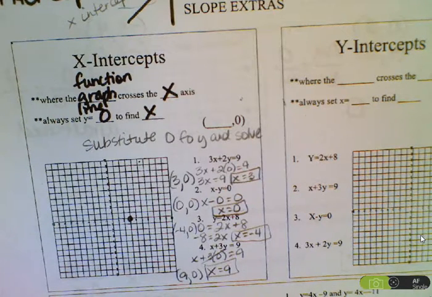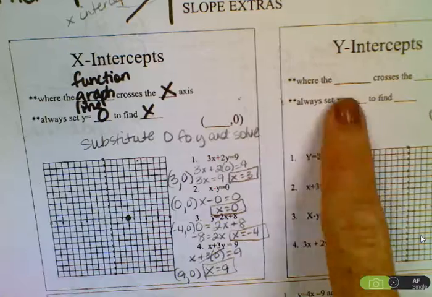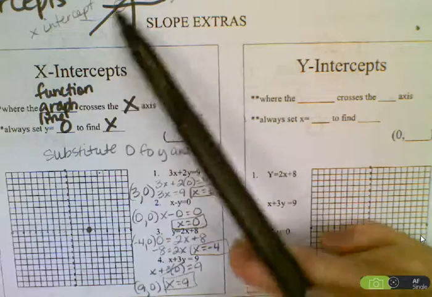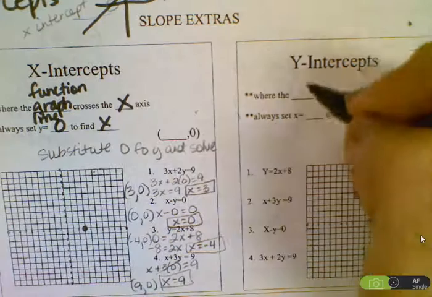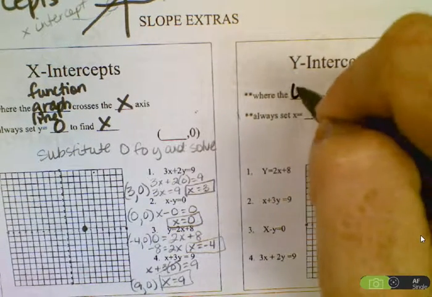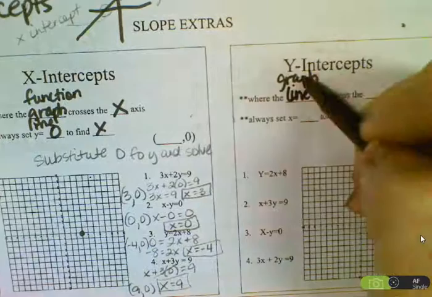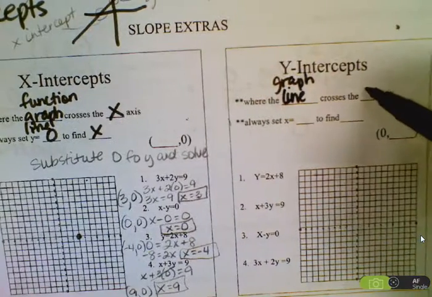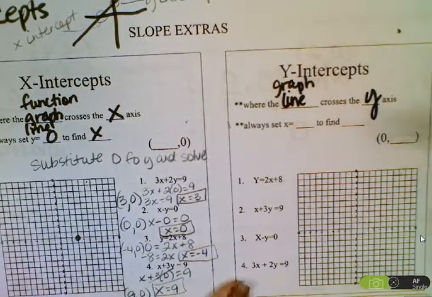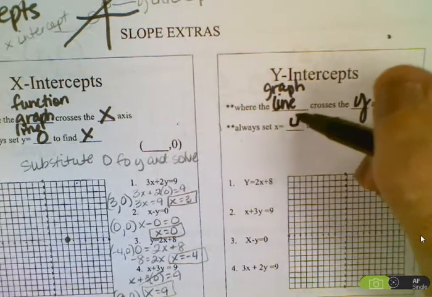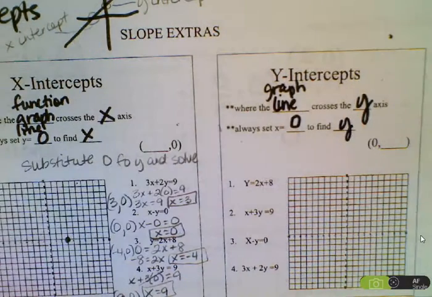Now y-intercepts work very similarly, except just the opposite. So it's wherever that line crosses the y-axis. Okay? Where the line, the graph, crosses the y-axis. So in order to find that, you're always going to have x set equal to 0 and then solve for y.